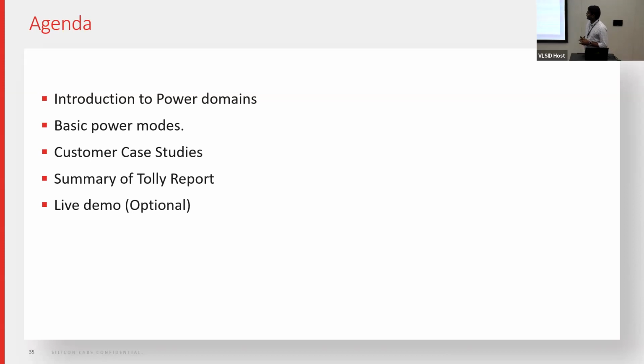Next, I'll quickly go through the summary of the Tolly report, a third-party report where we got it tested against other third-party vendors, and how we are better in terms of battery life. I'll also go through a recorded demo.